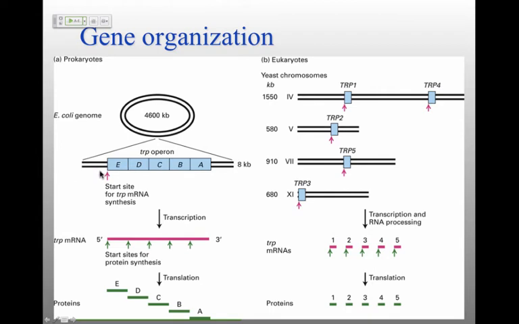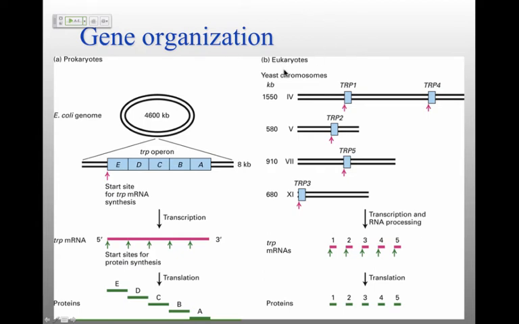So here is the case for the so-called trp operon, tryptophan operon. It's involved in making proteins which are important for making tryptophan. Here we make one big messenger RNA, and that gets translated into multiple different proteins. So this, as far as I'm concerned, is by far and away the most efficient way of doing this.